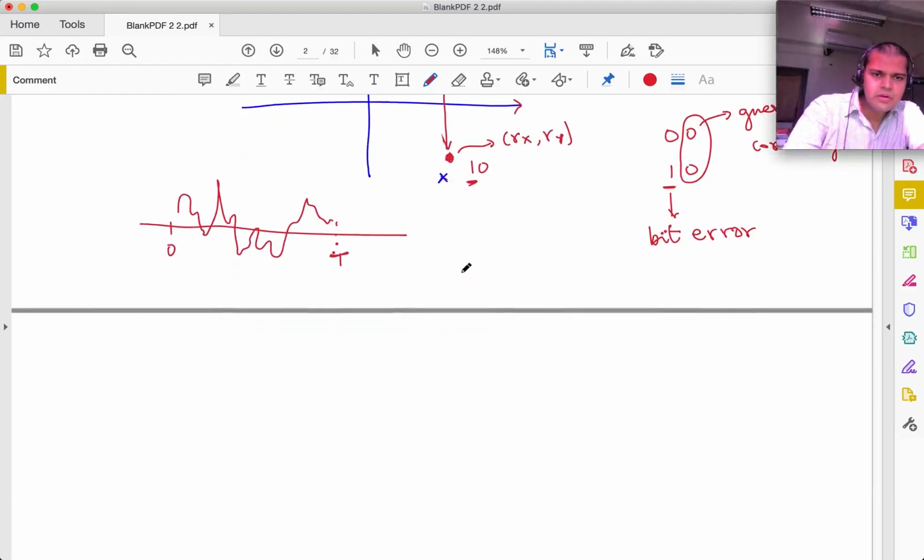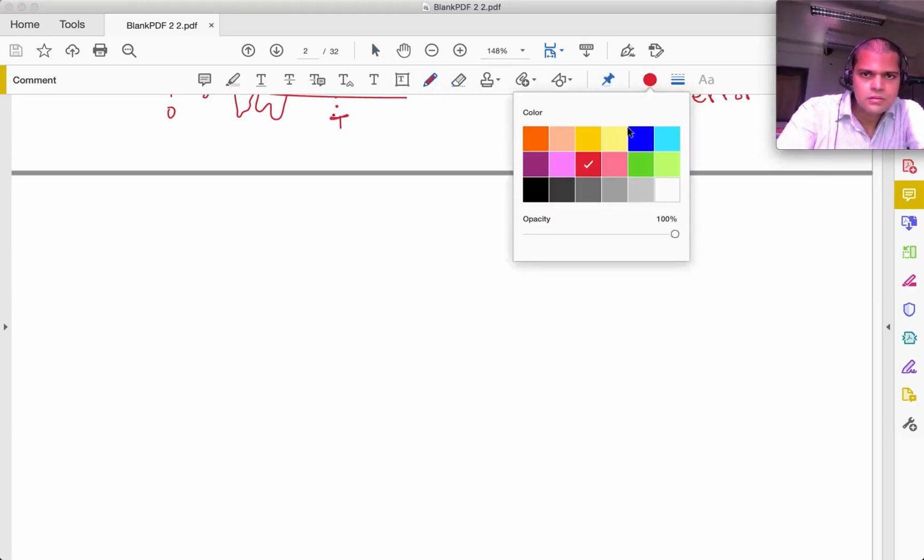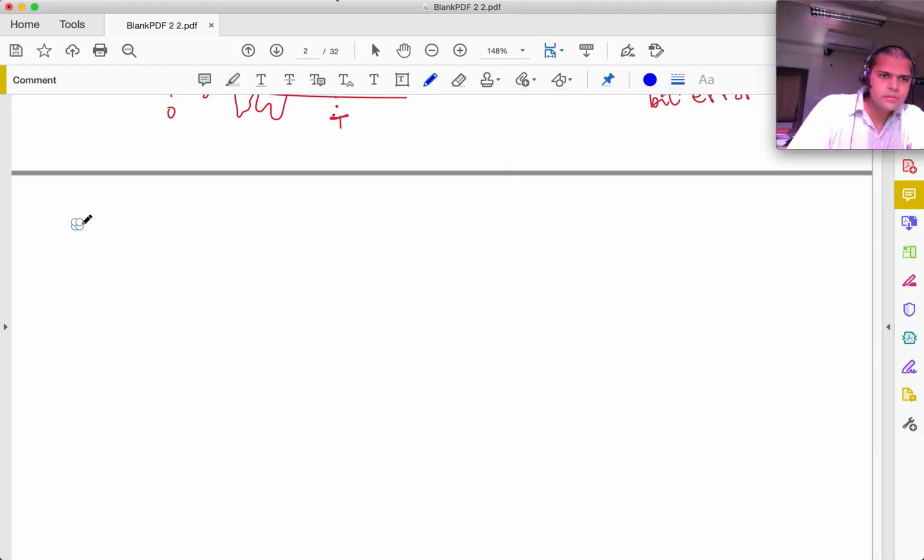So there are other modulation schemes too. Actually, let's just mention one of them, called 8PSK. So what was QPSK? In QPSK we had 4 points.